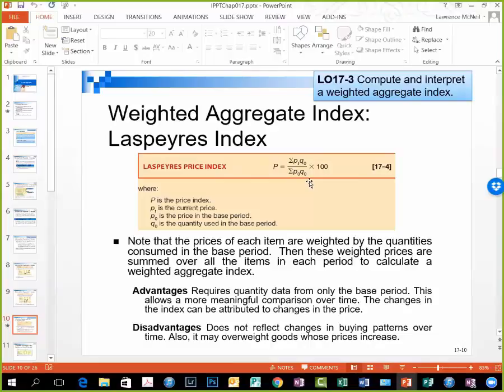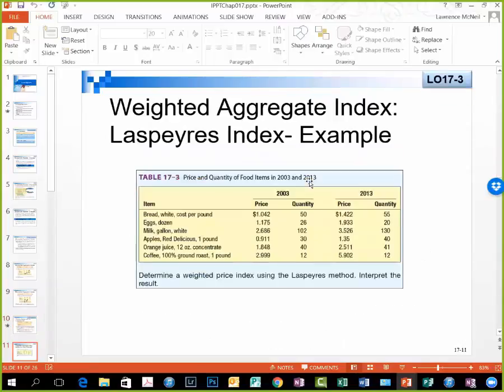So whatever you get for your numerator is going to be compared to what both items were in the earlier period. So we see the earlier period, 2003, where we have price and quantity, and we see the newer period, 2013, also price and quantity. So real quick, eggs for a dozen cost $1.18 for 20, and we're talking 26 of them being sold or purchased in 2003.